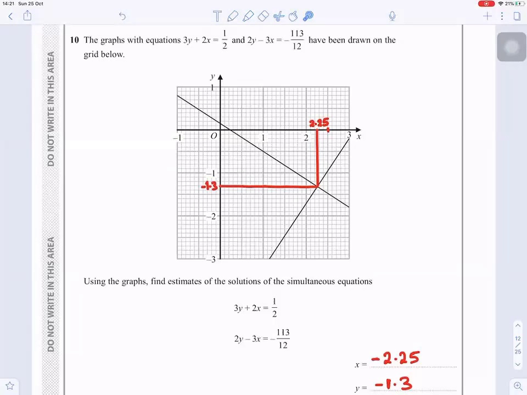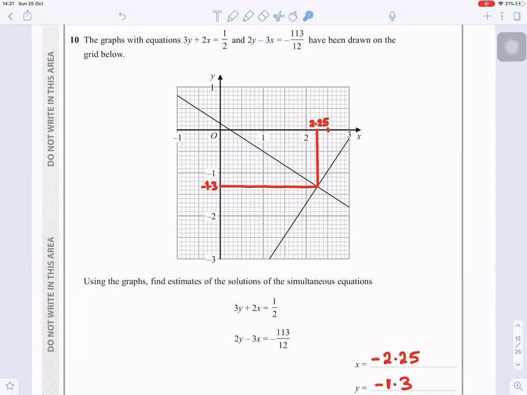Question number 10. The graphs with equations 3y plus 2x equals a half and 2y minus 3x equals minus 113 divided by 12 have been drawn on the grid below. Use the graphs to find estimates of the solutions of the simultaneous equations.